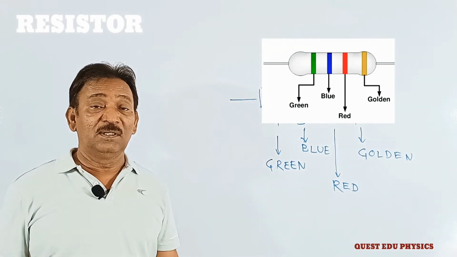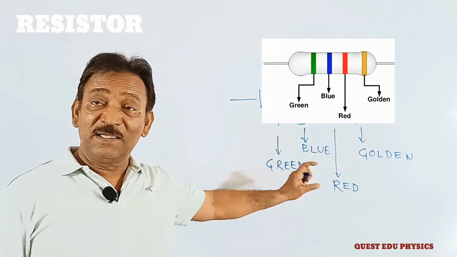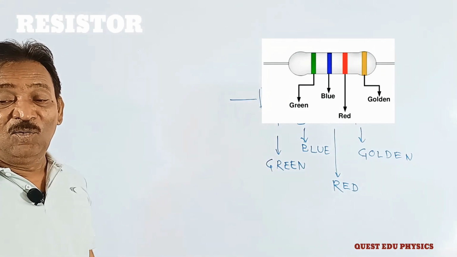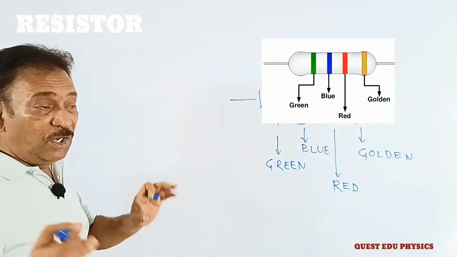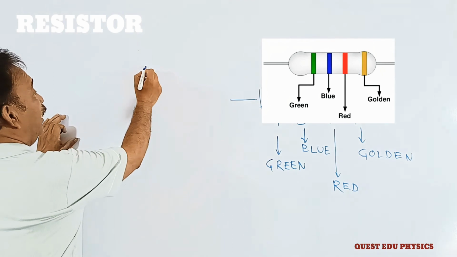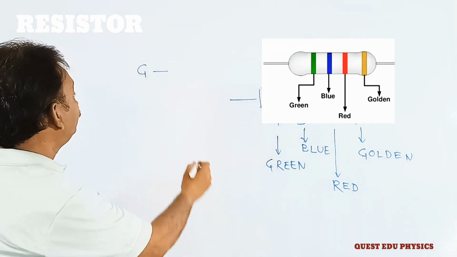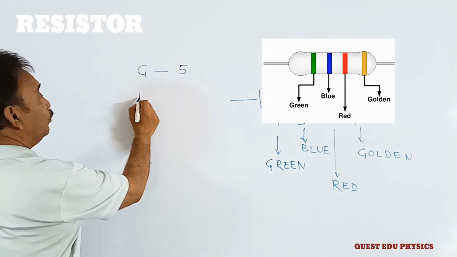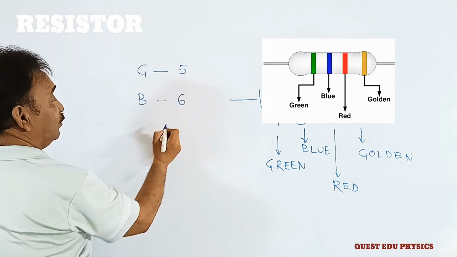Okay, students. Here, these symbols represent the resistance offered by this resistor, students. What does green stand for? If you see the table of the resistances, you will find green as 5. Second, blue, it is 6.